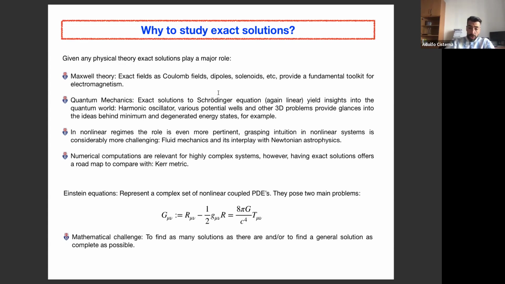In addition, although numerical computations are very relevant to study highly complex systems, like the merging of binaries and things that are really relevant from an astrophysical point of view, having certain exact solutions works as a road map to follow when applying numerics.